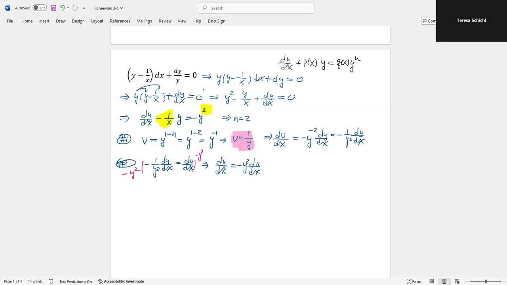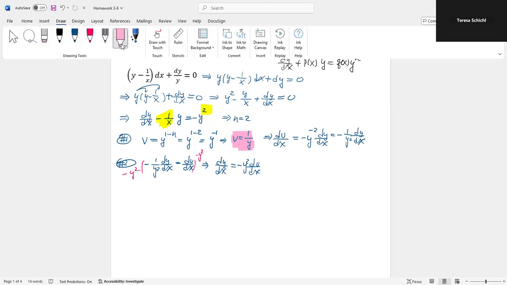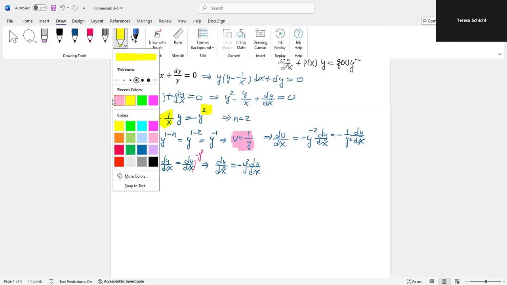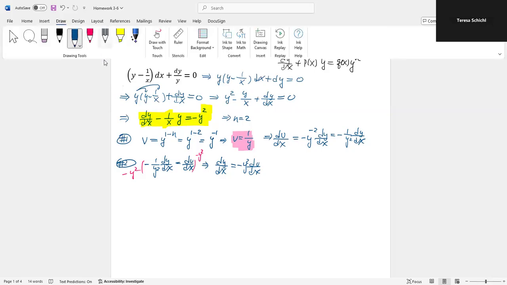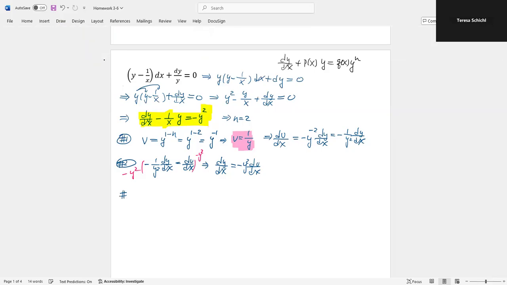Now, a while ago we said this is my Bernoulli equation, and dy/dx is here. So now I need to replace dy/dx with what we just found. This is step number 3: we replace it, the yellow highlight.